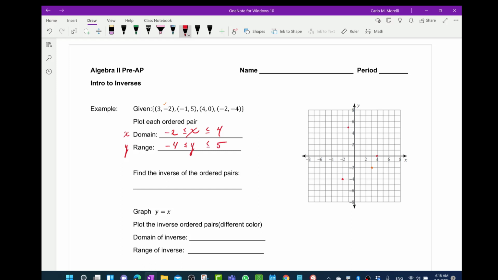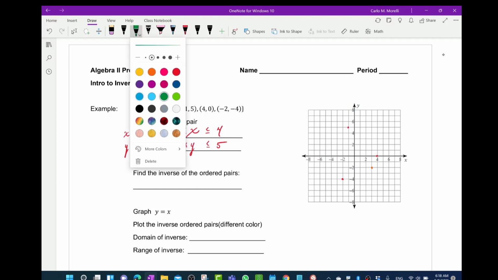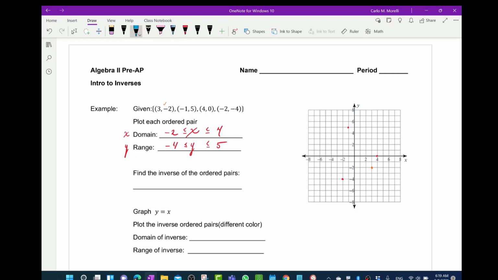That's inequality notation. So now they want us to find the inverse of the ordered pairs using a different color. So we'll use blue. The way you do the inverse is you just switch: (-2, 3), (5, -1), (0, 4), and (-4, -2). So we'll plot these points, and this is going to be our f inverse of x.